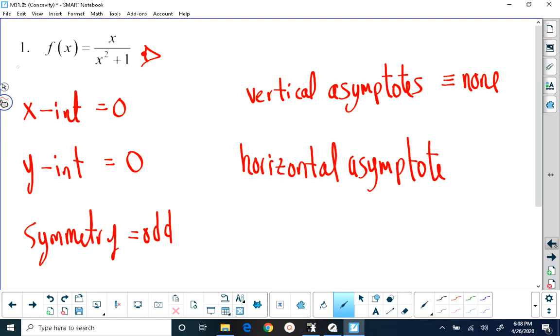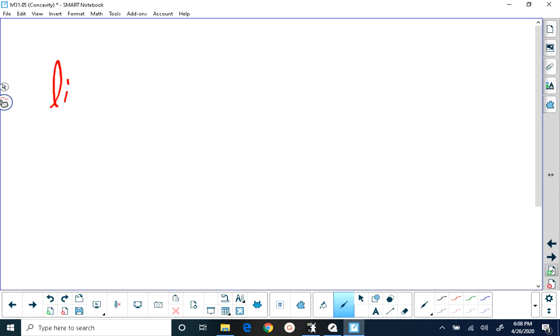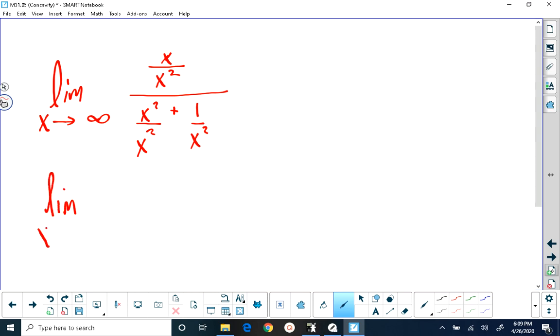The horizontal asymptote would be found by determining the limit as x approaches infinity of the function. And the rule that we learned the other day is you're going to divide every term by the highest degree term in the expression, which is going to give us the limit as x approaches infinity of 1 over x in the numerator over 1 plus 1 over x squared in the denominator.